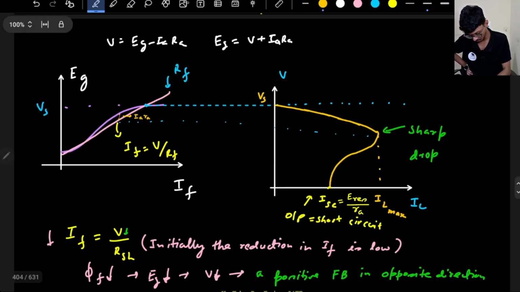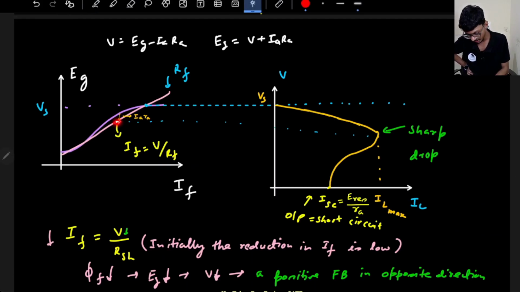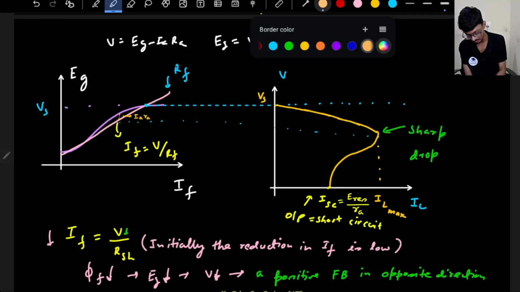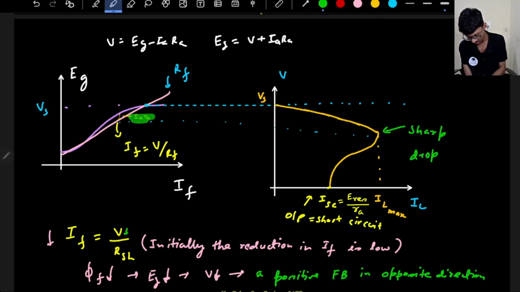I will highlight the important points. This length will be IARA, because this point is the V point, since V equals IF into RF. Now if I add IARA here, I will get back EG, which is on the magnetization curve. These are very, very important. This can be asked in the exam. This is one important point, and this is the other point.